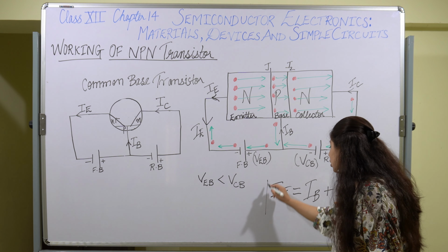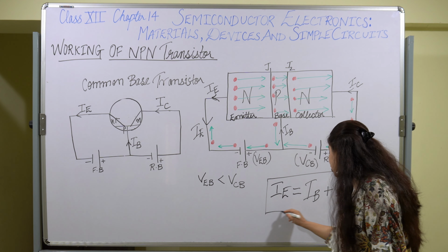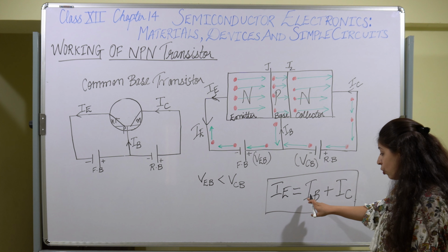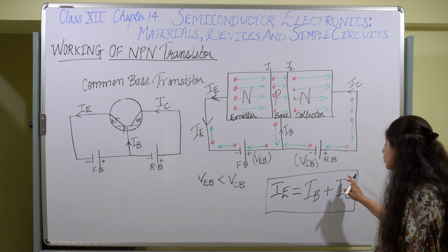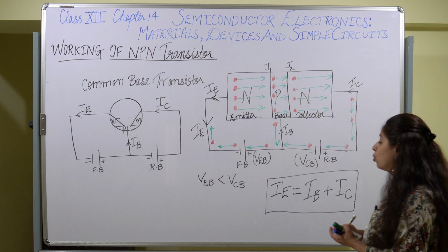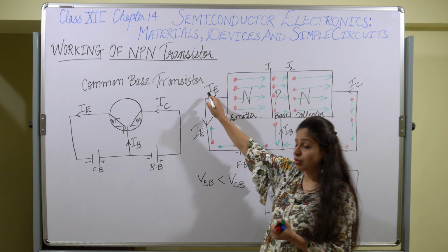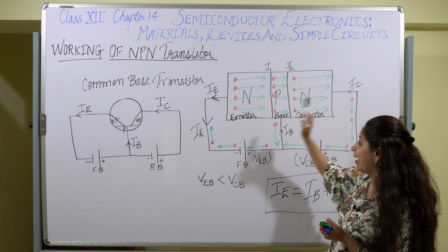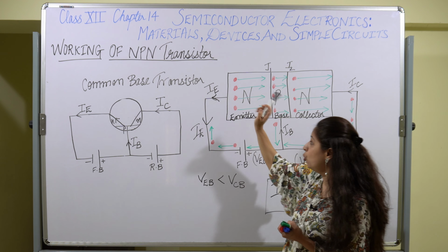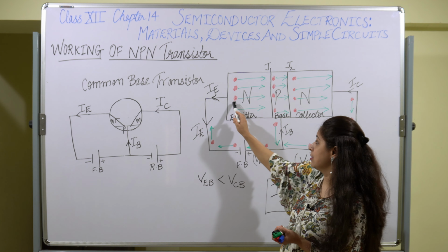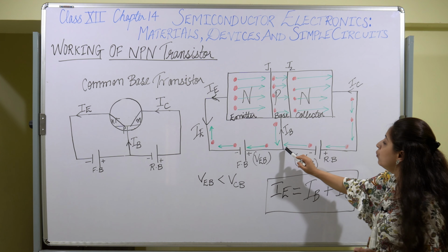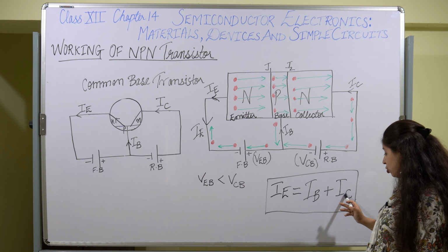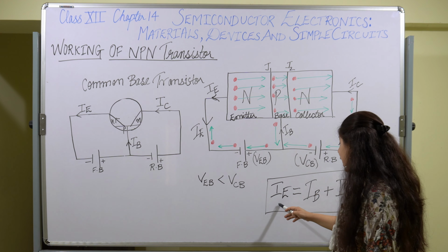So my emitter current is equal to the sum of the base current as well as the collector current. Why so? Because this current is moving away from the transistor and these two currents are moving towards the transistor, so I get the sum of these two currents, and that will be equal to the IE current.